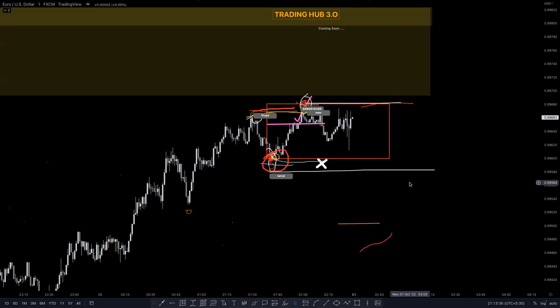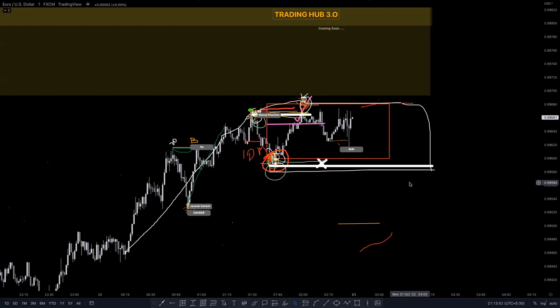Everyone mark the recent structure here.